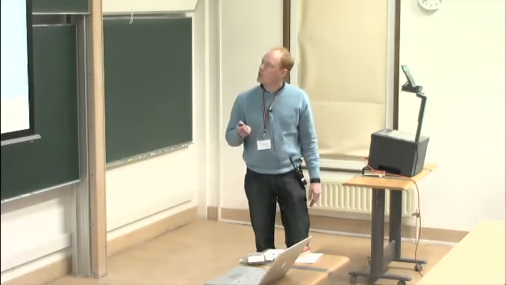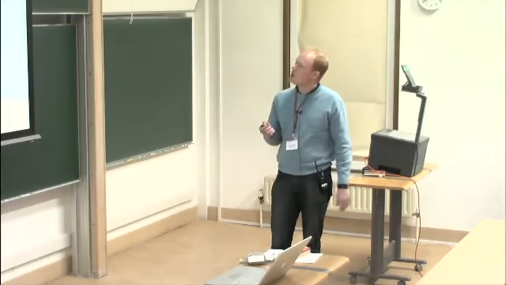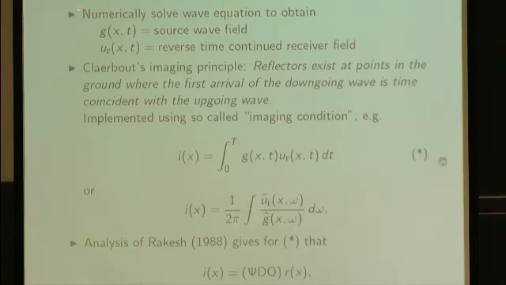Okay, so reverse time migration. Here there's a sketch of the procedure. You compute the source wave field from the background and the source, and you compute the second wave field, which is the reverse time continued receiver field, and I will give a more detailed explanation in just a moment.